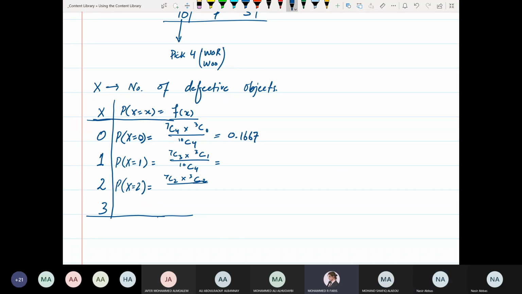Yes, and divided by 10C4. Ali, what is the probability X equals 3? 7C1, I think. 7C1? Yes, absolutely right.